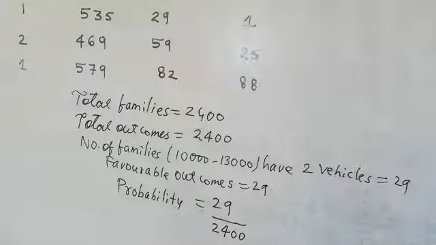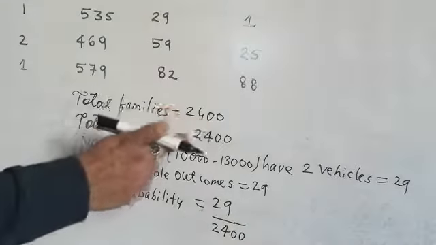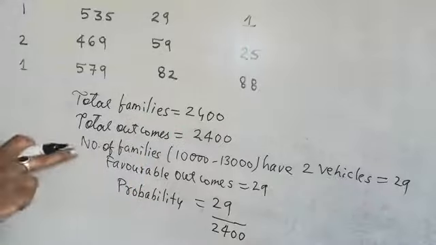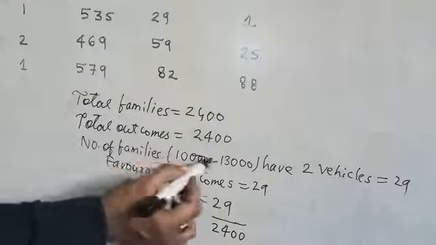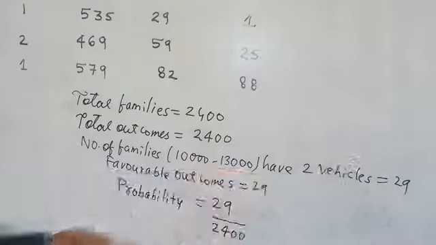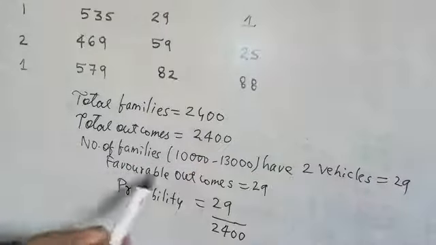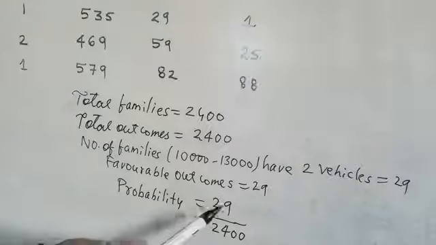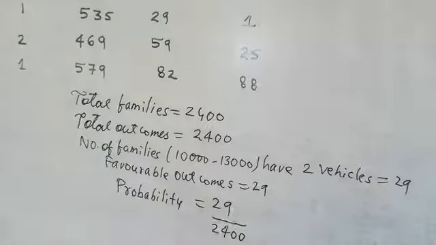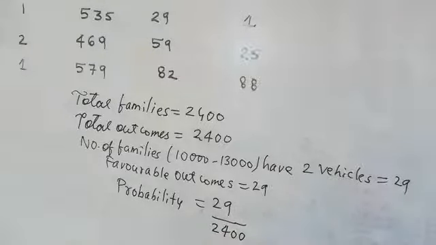So we got the first answer. These two steps will be common in all the cases; only from here will it change. There are 29 families earning 10,000 to 13,000 with two vehicles. Probability will be 29 upon 2,400, and we can't cancel this, so the answer is 29 upon 2,400.